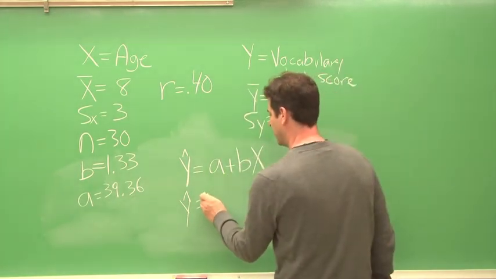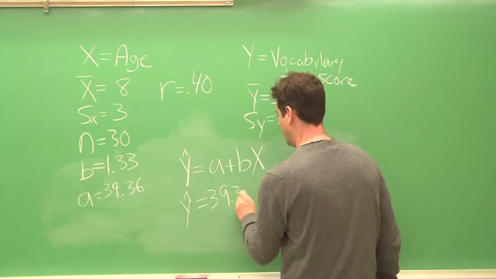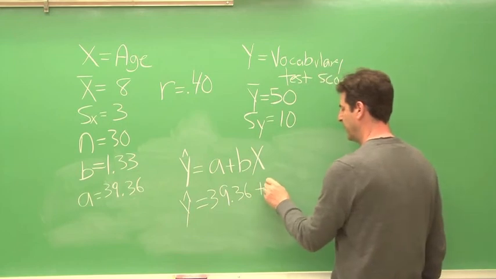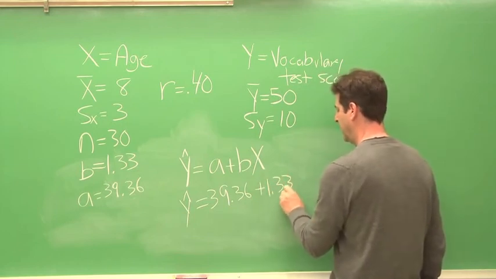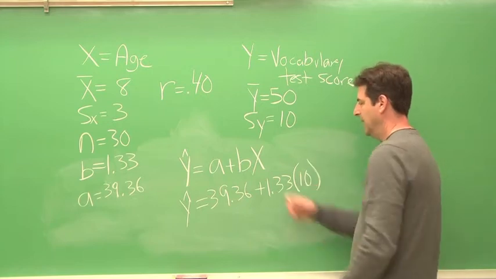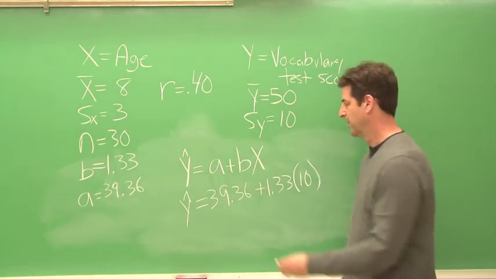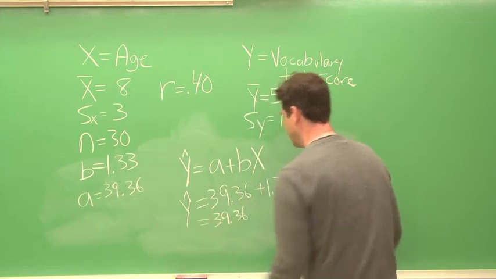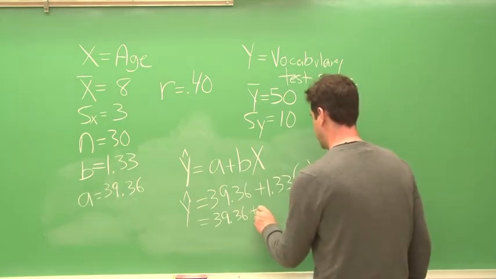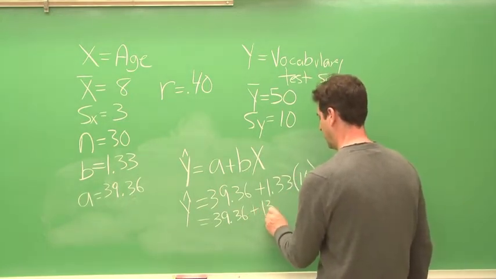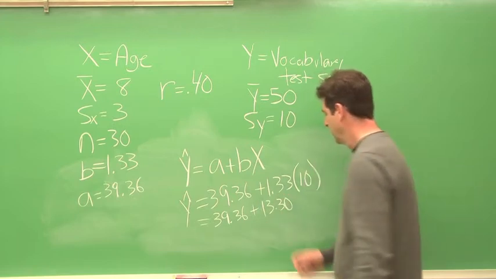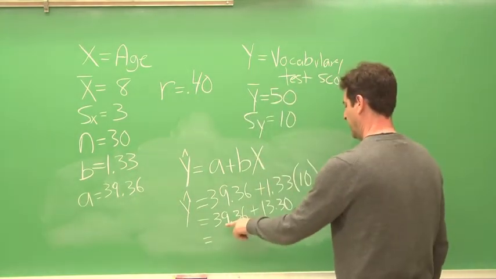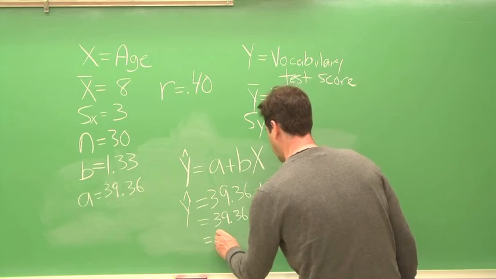A is 39.36 plus the slope, or the B, 1.33 times the x value, which we said is going to be 10 years old, equals intercept plus 13.3 equals 52.66.